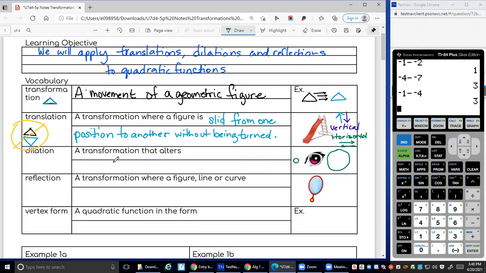So that's dilation. It's essentially a transformation that alters the size of a figure, but not its shape. So it's not like the sun comes out and your eyes are like triangles now or something like that. Okay.